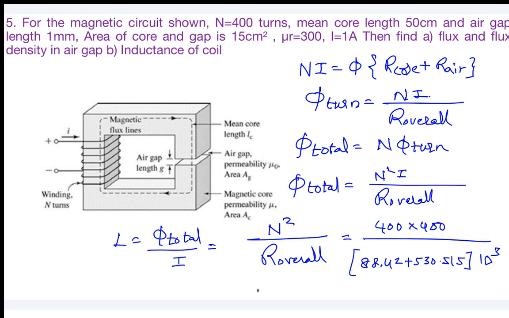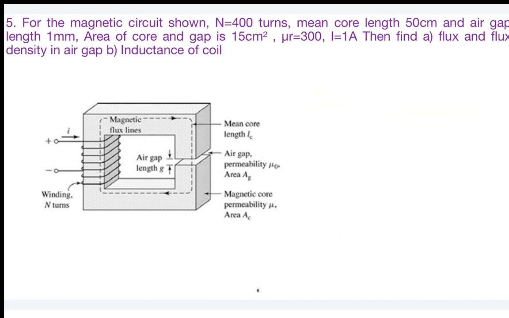So you can verify that you are going to get 258.52 millihenry. Okay, if you are not done with the calculation part, you can cross check it later, not a problem. So moving on to the next one then.